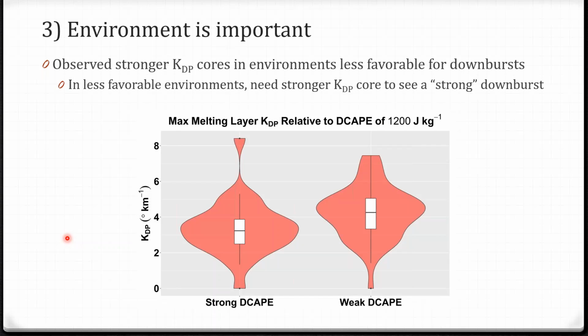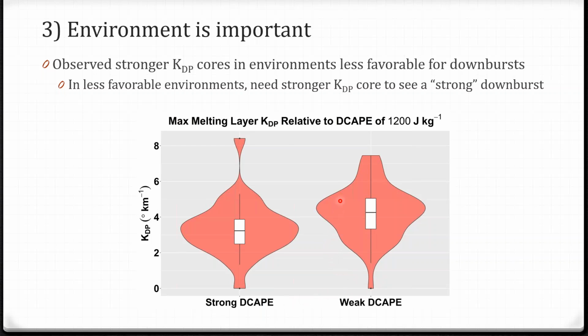And then lastly, environment is important. We have noted that it looks like there needs to be a stronger KDP core in order to get a strong downburst if the environment is less favorable for downbursts. So here we broke out environments based on downdraft CAPE with a threshold of 1200 joules per kilogram.